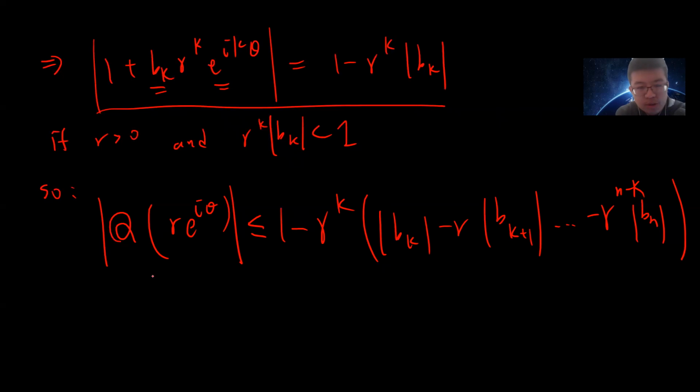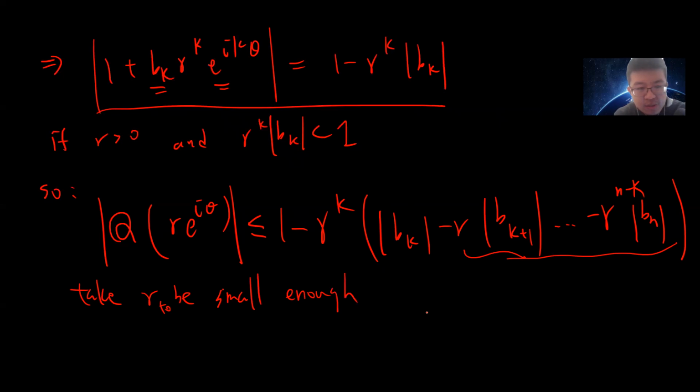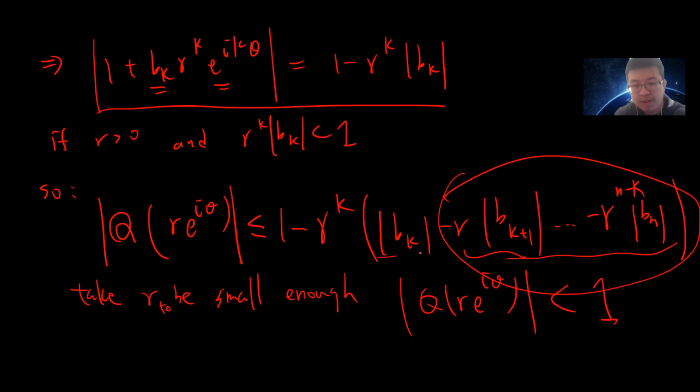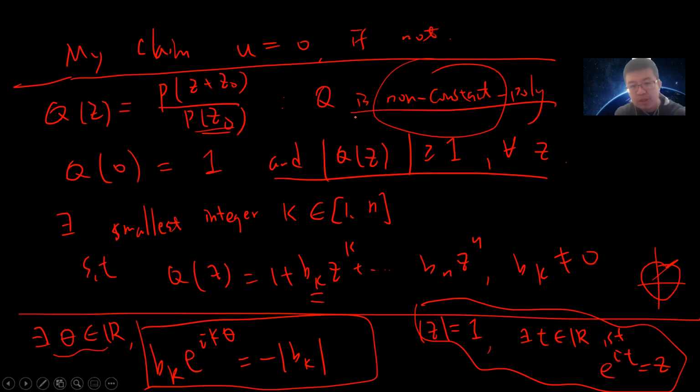So if you take r to be very small, all these other terms will be dominated by this term. Take r small enough, then Q of r exponential i theta will definitely be less than 1, because the other terms can be arbitrarily small and this term dominates. So this is a contradiction, because my assumption said that the absolute value of Q of Z is greater or equal to 1.